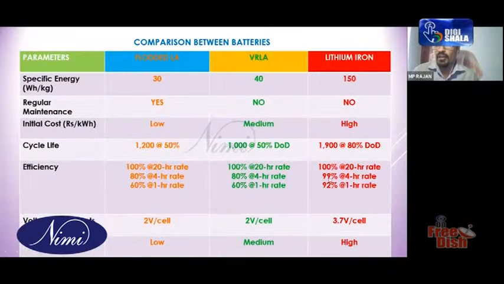But in the lithium ion, you can see 100% at the 20-hour rate, and at the 4-hour rate, which means your charging and discharging current is very high, 25 ampere for a 100 Ah battery, the battery still gives you 99% efficiency. For the 1-hour rate, a 100 Ah battery gives you 100 ampere current for 1 hour, and even giving that much, the percentage does not drop much, it is 92%.